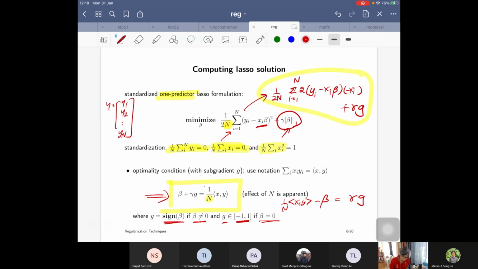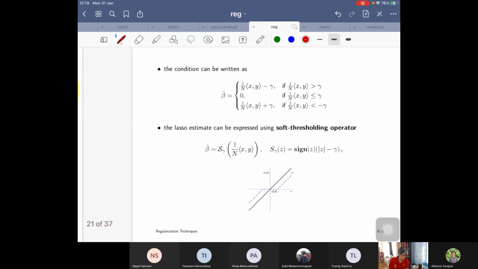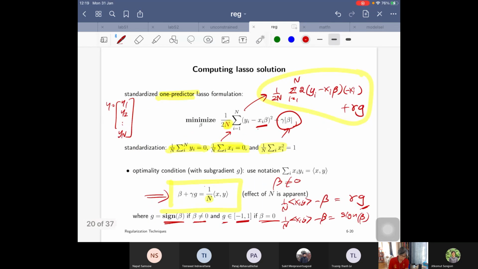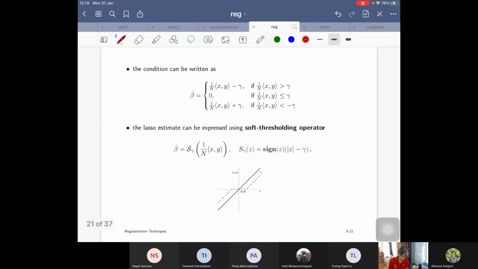When beta is non-zero, this equation turns out to be what? My g would be the sign of beta, would be non-zero, something either 1 or -1. How can I explain this conclusion?